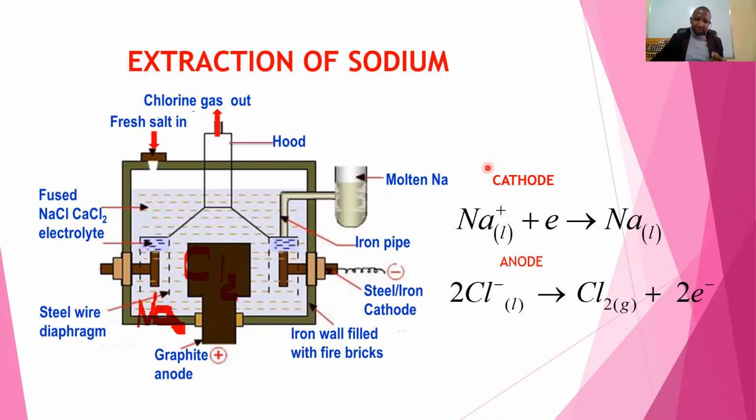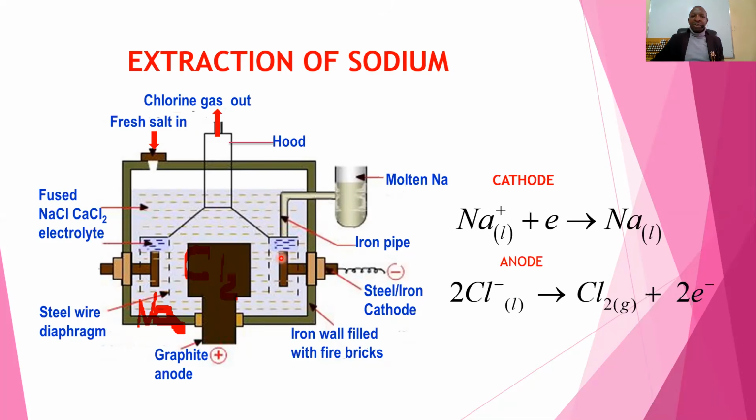Why? Because the concentration of sodium ions is higher than calcium. So, according to the factors affecting the preferential, rather selective, discharge of ions at the cathode, the concentration: a highly concentrated ion will be selectively discharged as compared to ions in lower concentration.